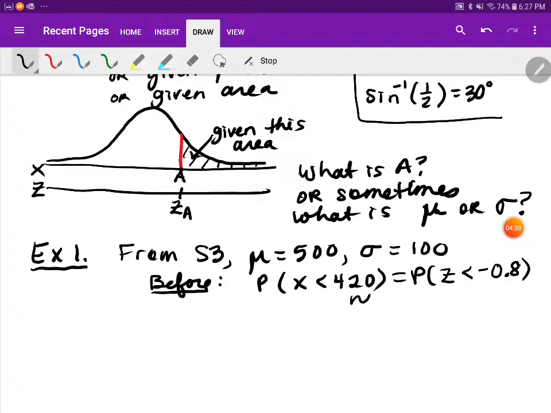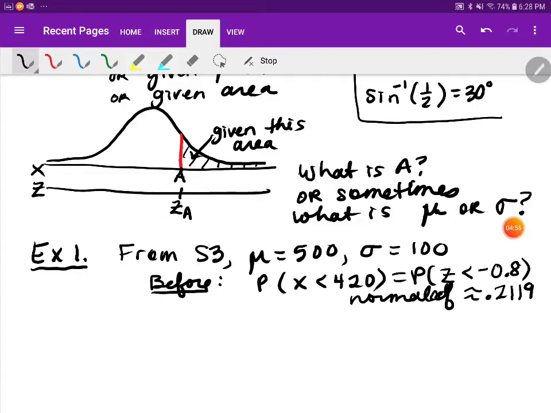And then we used normal CDF on the calculator. This was a reminder. And it gave us an answer, which was approximately 0.2119.